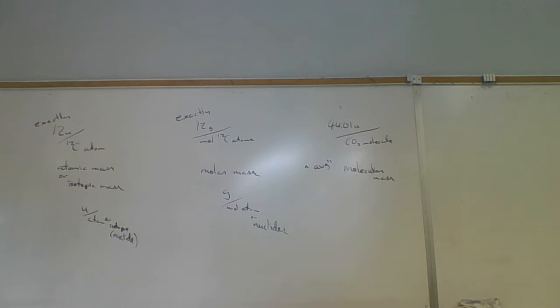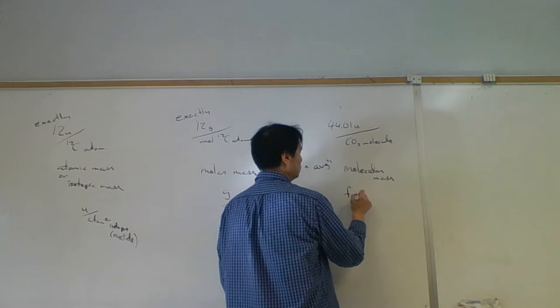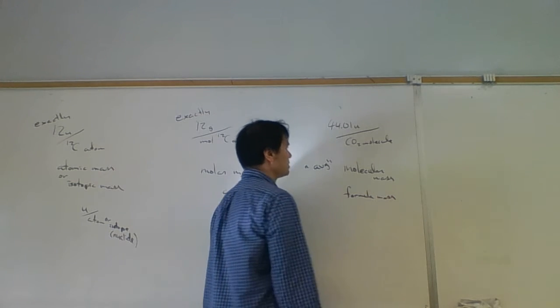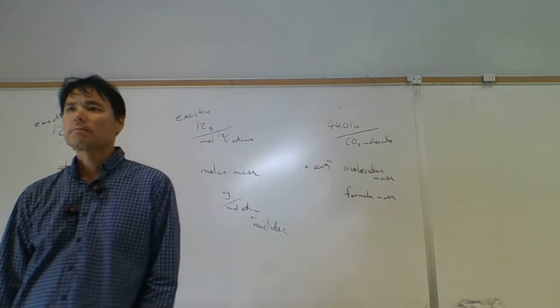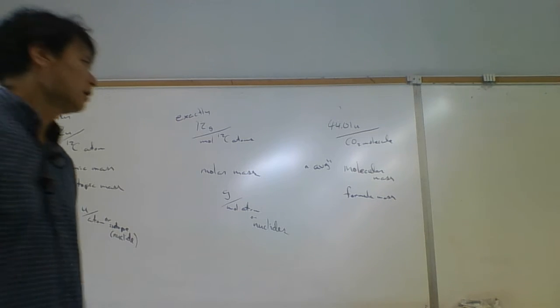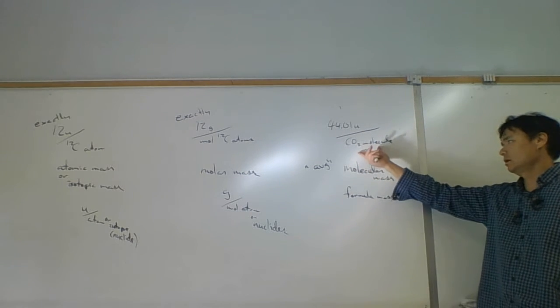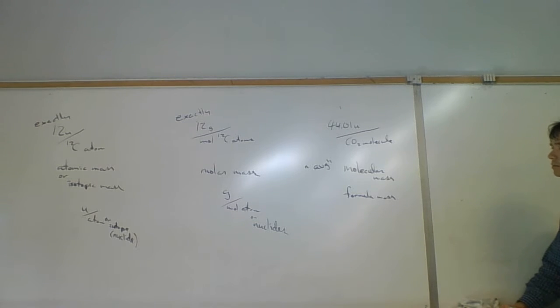And so this is the molecular mass or the formula mass, which happens to be the same as the empirical mass. What was the empirical formula again? The simplest whole number ratio. CO2 actually occurs as a molecule and the empirical unit, which is the simplest unit ratio.